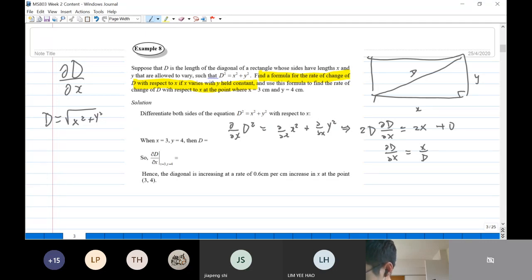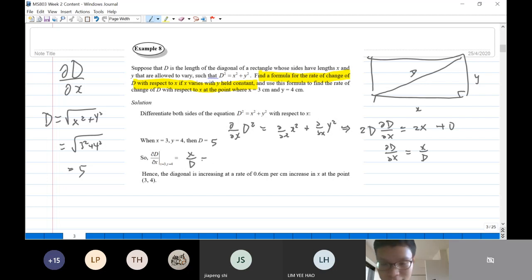And what is d now? Because d is equal to the square root of x squared plus y squared, when x equals 3 and y equals 4, this is 5. So the partial derivative of d with respect to x, when y is fixed, is x over d.